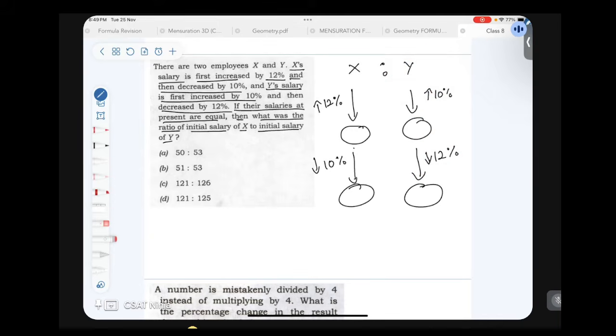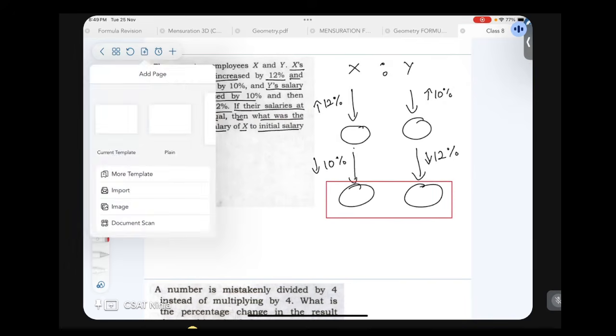Now the question says, if their salaries at present are equal, then what was their ratio? The present salaries of these 2 are equal. That's what the question says. Okay, so what I'll do is I'll do it like this.